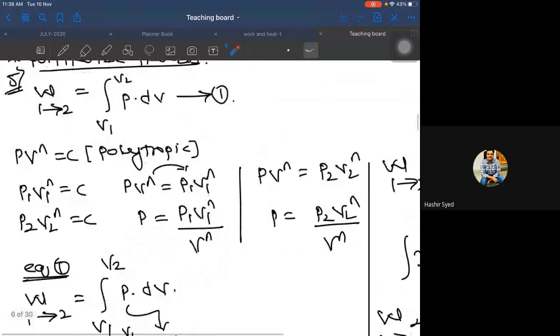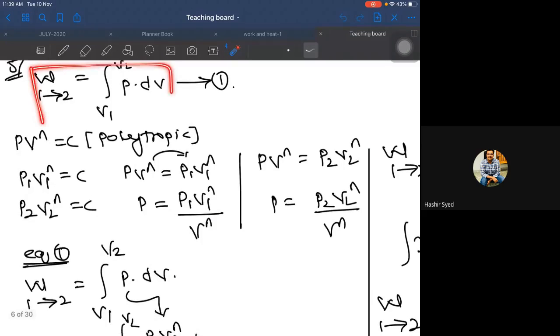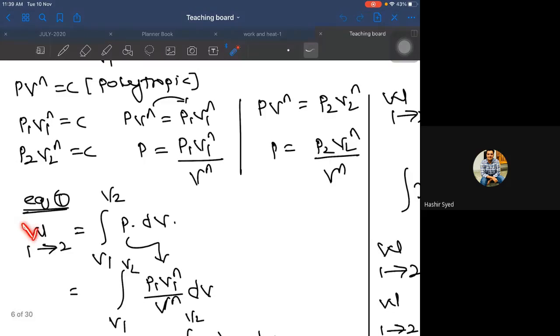Now, from equation 1, which says the PdV work, just take that expression here. W of 1 to 2 is equal to the integration from V1 to V2 of P dV. You have derived what P is, right? P is P1 V1 to the power of n divided by V to the power of n. Just substitute in the form of P here.